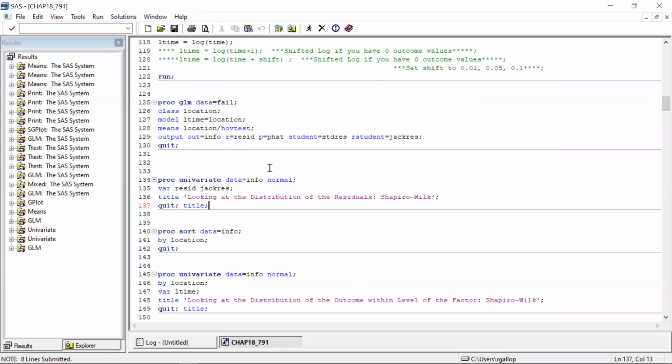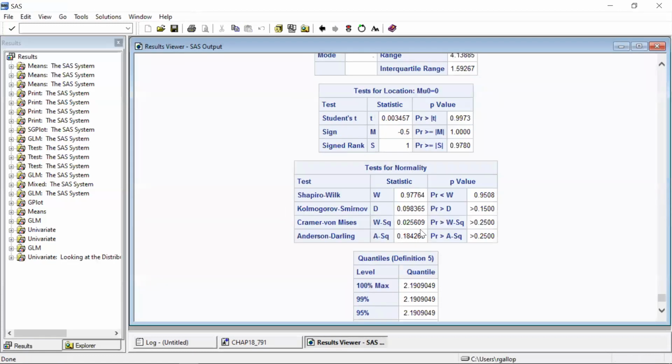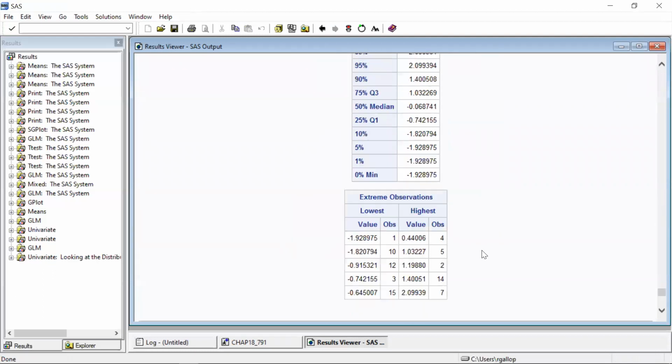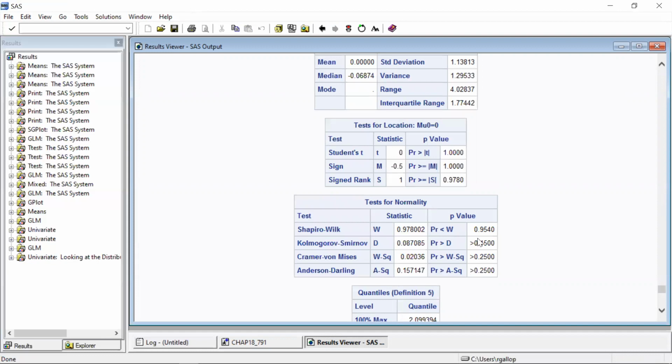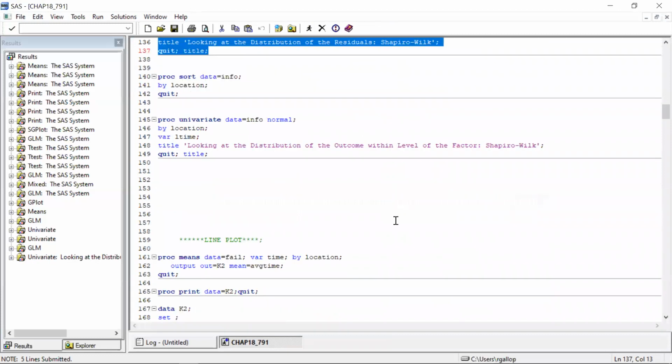But now if we look at the normality of the residuals, we can see, wow, no evidence, well, that's the jackknife, no evidence of a violation of normality of the residuals. So the transformation did correct the violation of normality of the residuals. But again, that was following the book's rule of thumb.